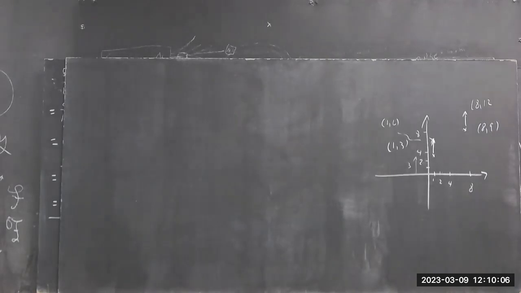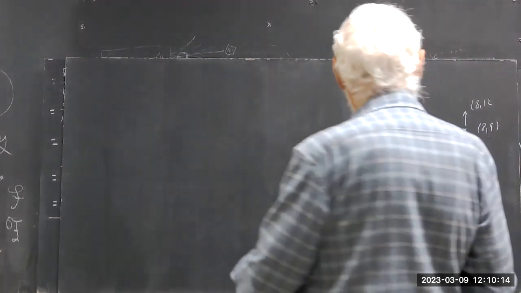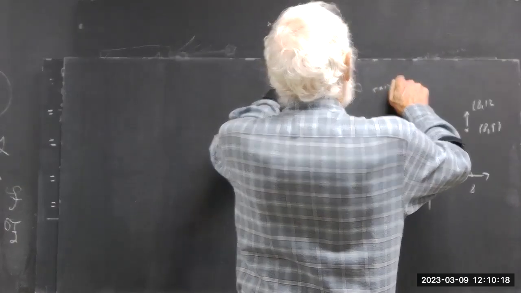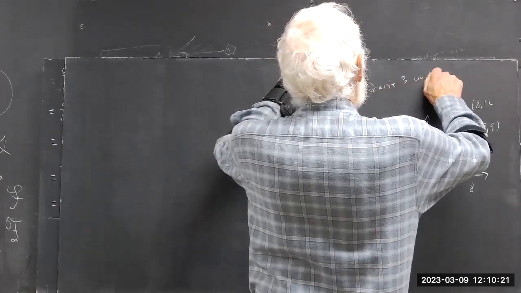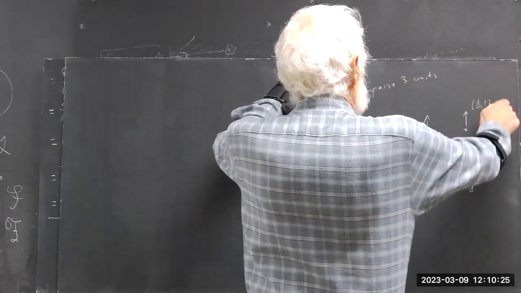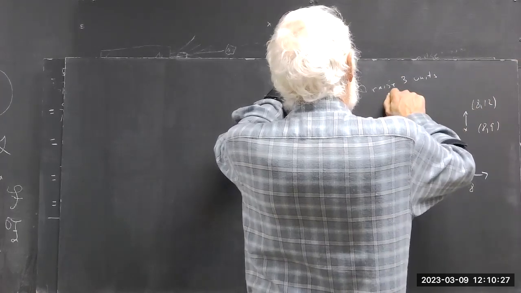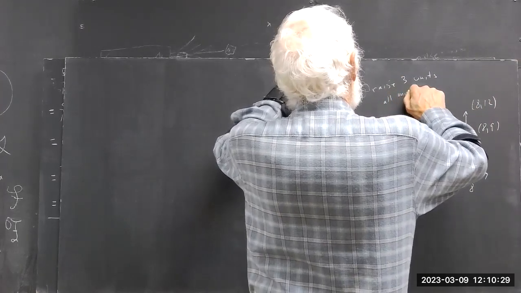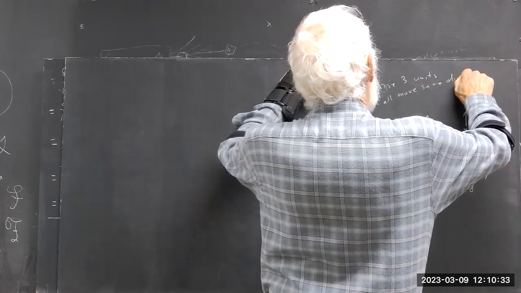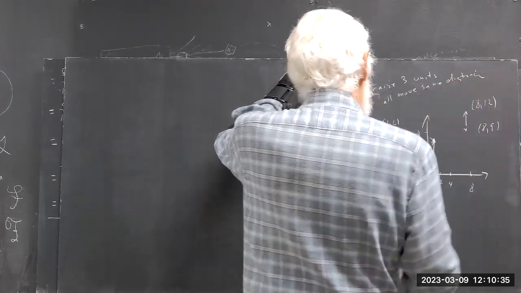Okay, there's another problem. It asks you to move 1 point 3 times as far. Raised 3 units. They all move the same distance.